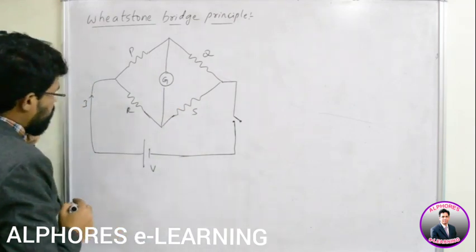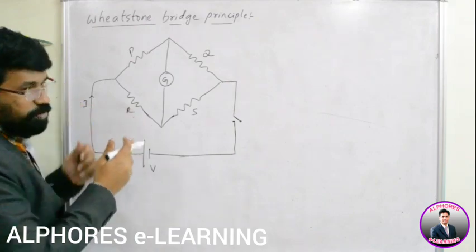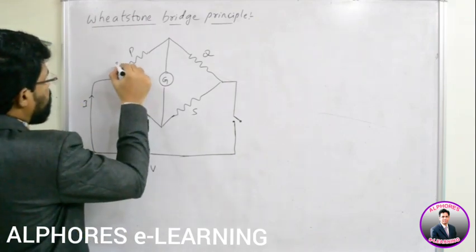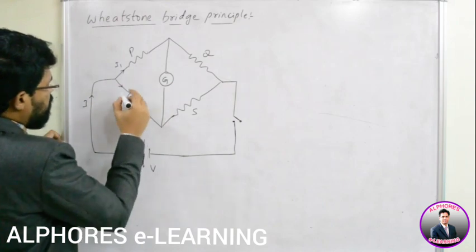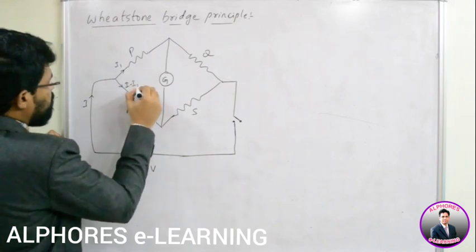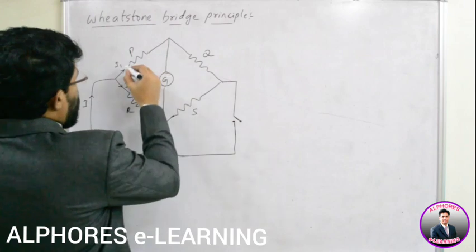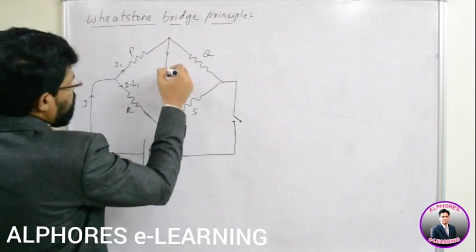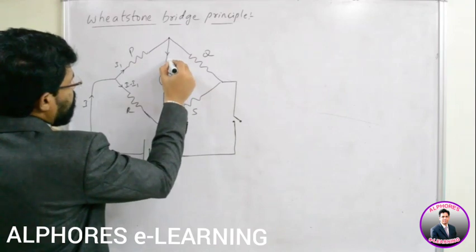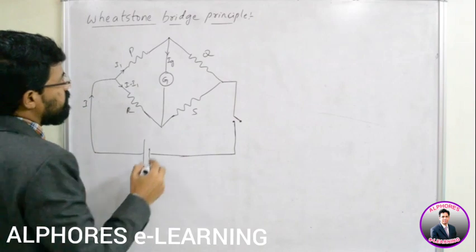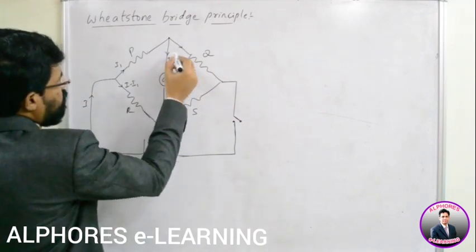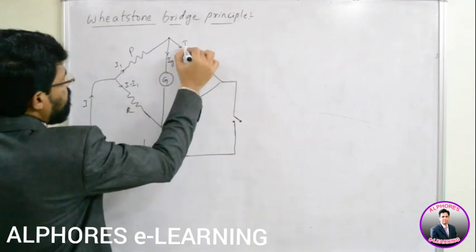Using the junction rule we can distribute the current in the circuit. Let us say a current I1 is entering this branch. Then the current entering the other branch will be I minus I1. After I1 reaches this junction, let a current Ig flow through the galvanometer. Then the current in this branch will be I1 minus Ig.